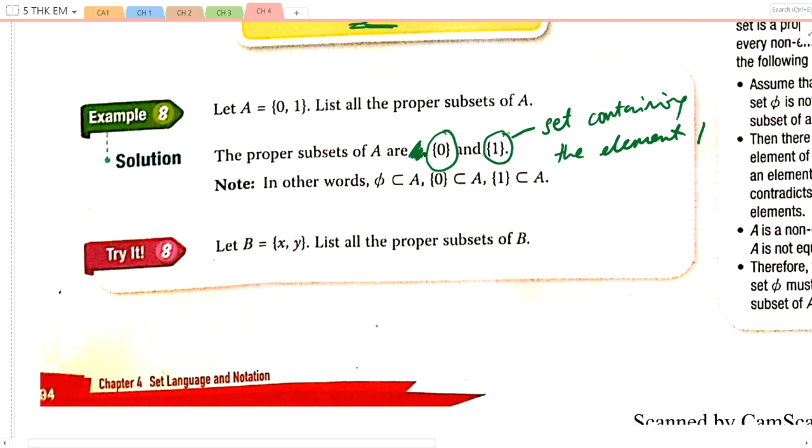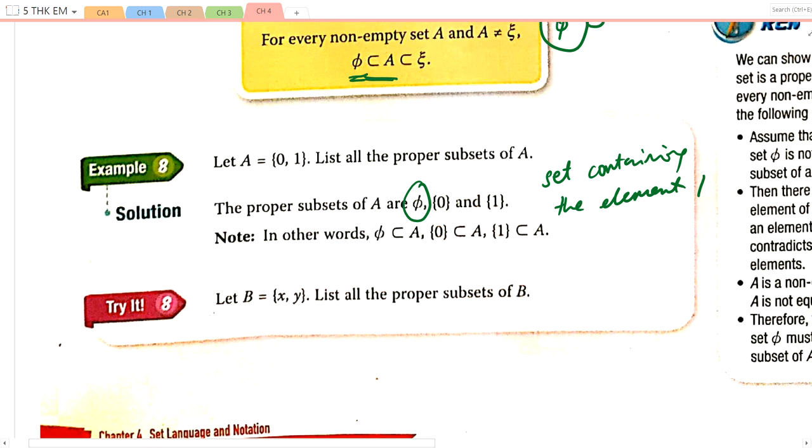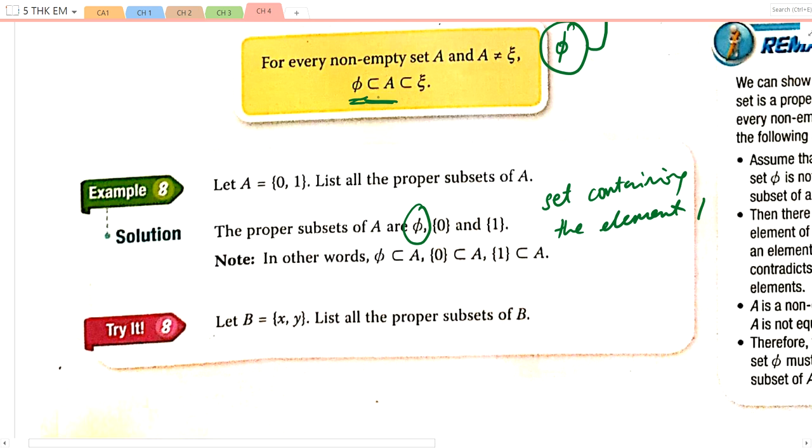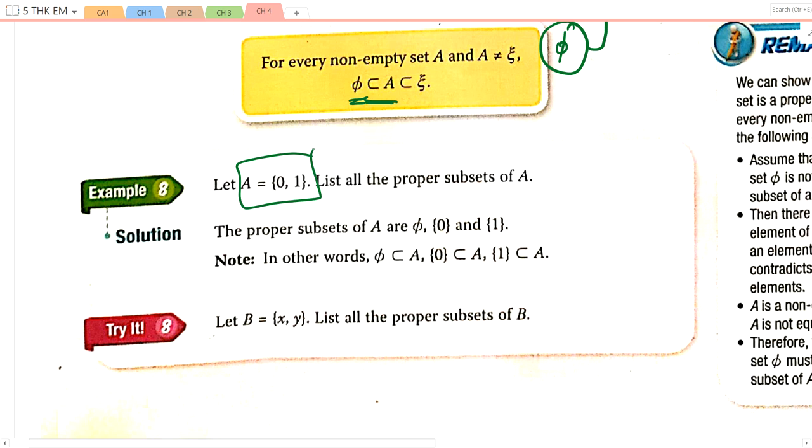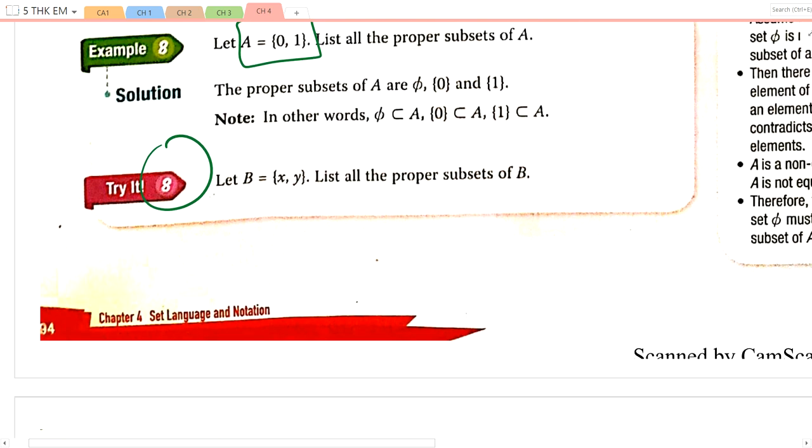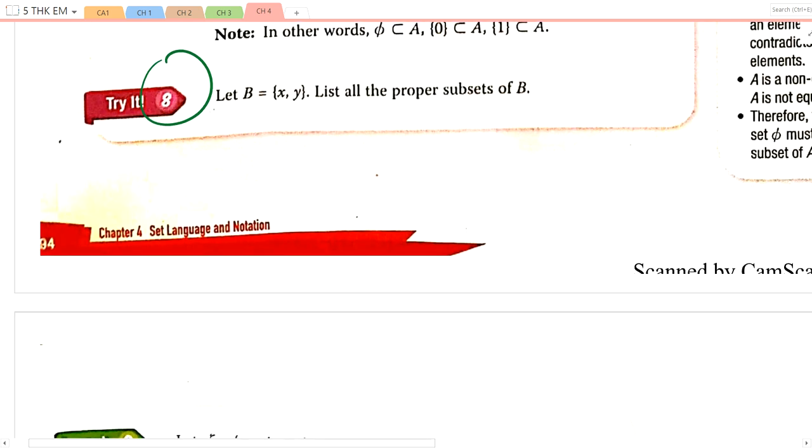This is a proper subset of A. And lastly, we've got the empty set, which according to our definition is a proper subset of A. So there are 3 proper subsets inside set A. You can try it yourself. The answer will be very similar to what is in example 8.